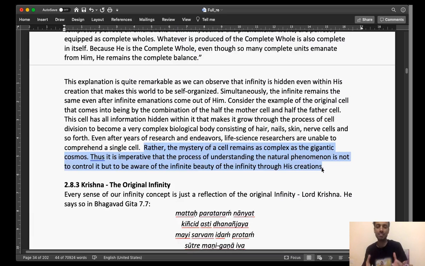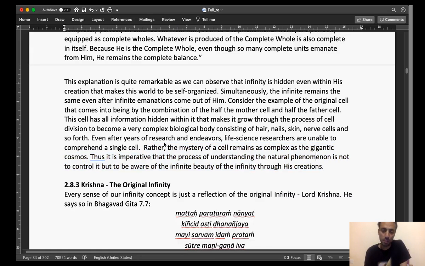Similarly, today we studied one small concept of infinity, which looks like we have understood it. We may think we have understood it, but even this much helps us appreciate the complexity of the creation, or the infiniteness of Krishna.